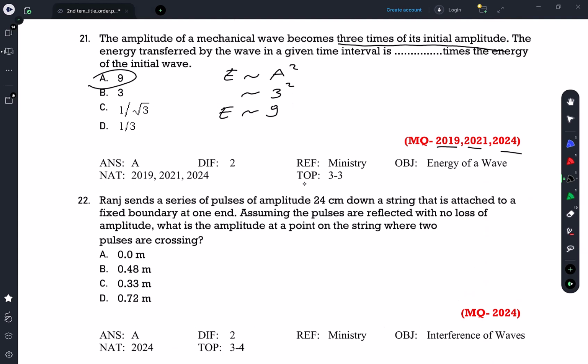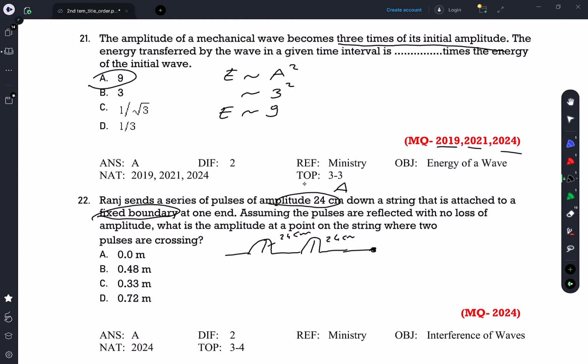A series of pulses of amplitude 24 centimeters is sent down a string that's attached to a fixed boundary at the end, assuming the pulse is reflected with no loss of amplitude. What is the amplitude of the point on the string where 2 pulses cross? So there are several pulses going toward a fixed boundary, all with 24 centimeter amplitude.